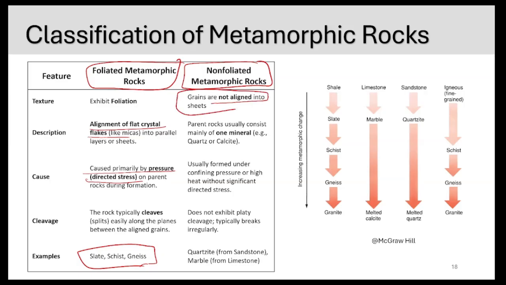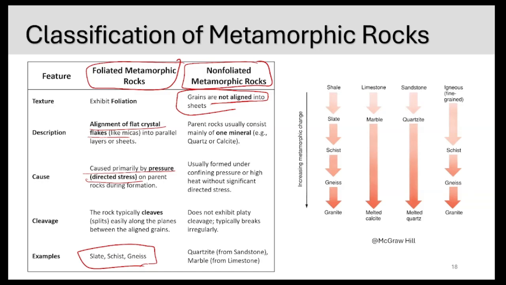And non-foliated rocks have no alignment, and they are typically granular. They are not aligned, so they generally form a granular structure, meaning their mineral grains are randomly oriented.